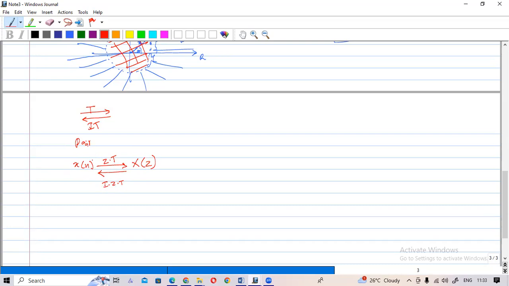So if you apply the Z transform to the time domain signal, it becomes a complex domain signal, and if you apply the inverse Z transform to the complex domain signal, it converts to a time domain sequence. So the pair is available. You have already learned this element, that definition.